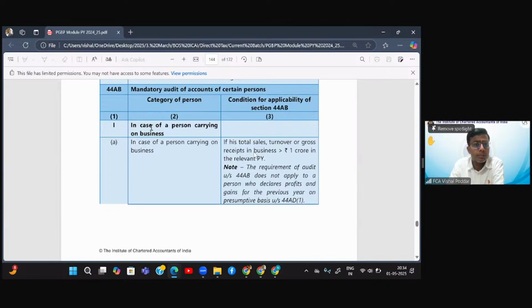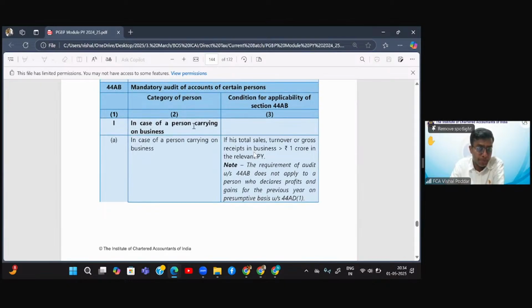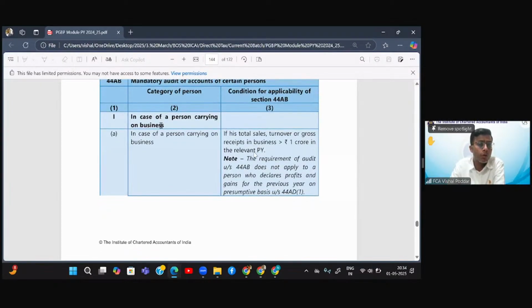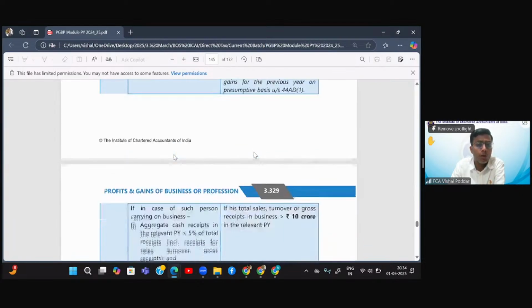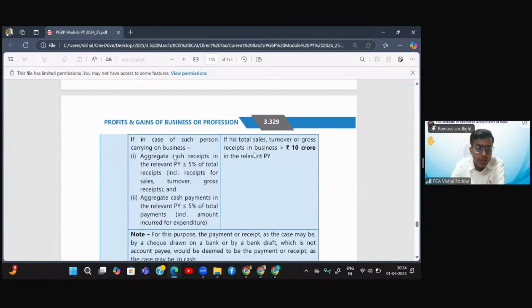Next is where you are engaged in business. So for businesses, what is the condition for getting their books audited? Firstly, where your turnover exceeds 1 crore and you are into business, you have to get your books compulsorily audited. However, there are some exceptions. First exception is where 95% of your business is through banking channel.